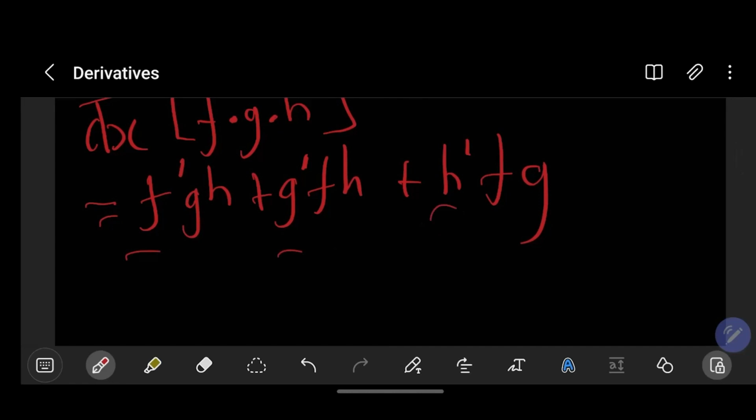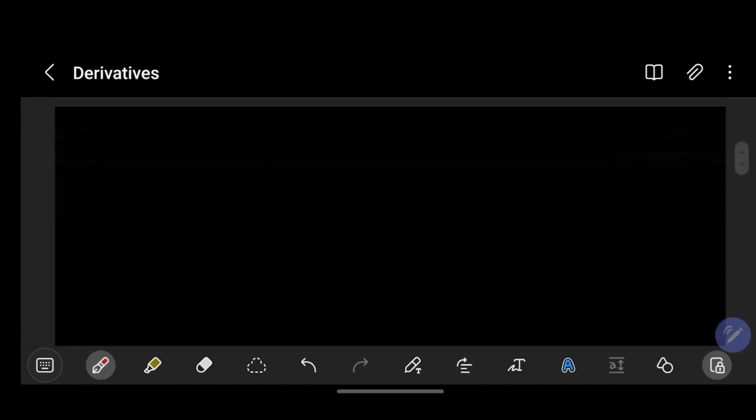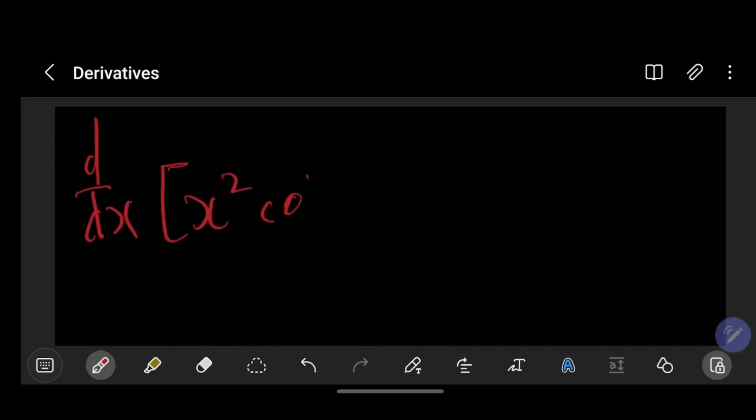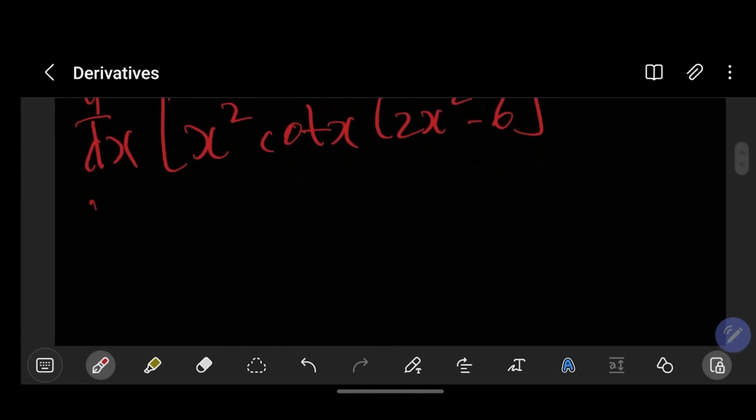Okay, let's take an example, right? So let's take the example of d dx of x squared cot x times (2x squared minus 6). Okay, so we can see that this can be f, this can be g, and this can be h. Okay, so if f is equal to x squared, f prime would be equal to 2x.